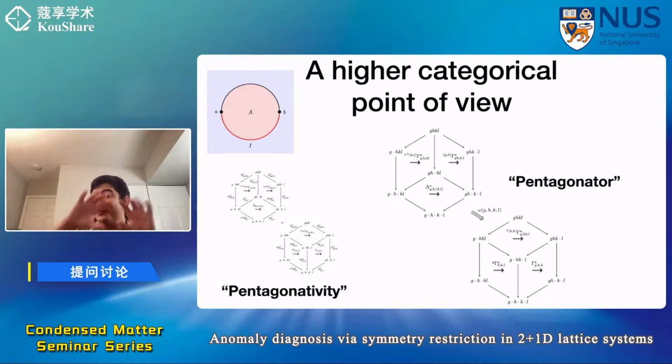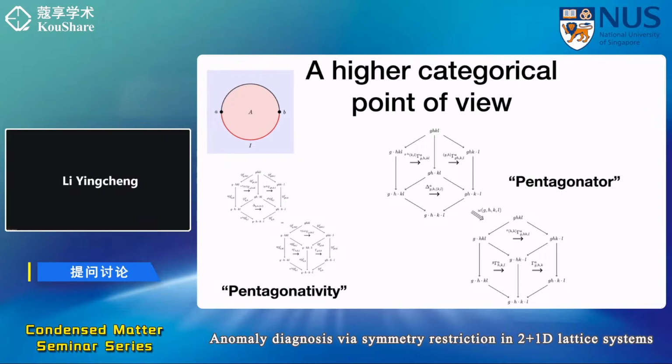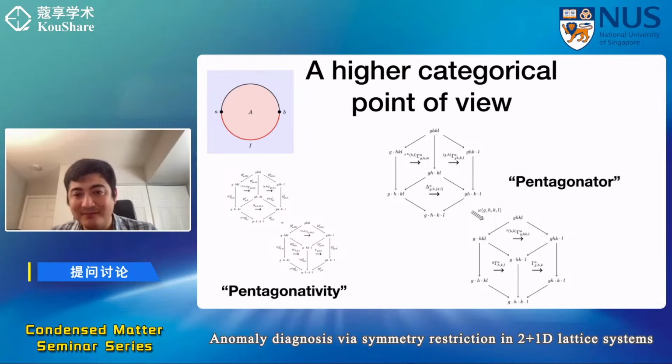If you arrange the symmetry defects or domain walls in that configuration, or another way, the difference between those two ways of doing it will be the pentagnator, or the H4 element. Oh, I see. Thank you. And maybe that's why you're calling it pentagnator, although it looks like a hexagon. Is that the reason? Yeah, that's right.